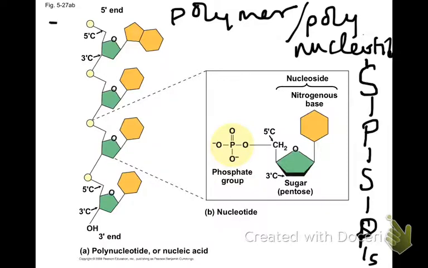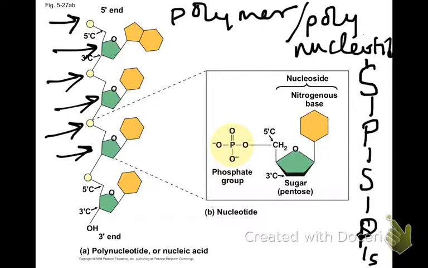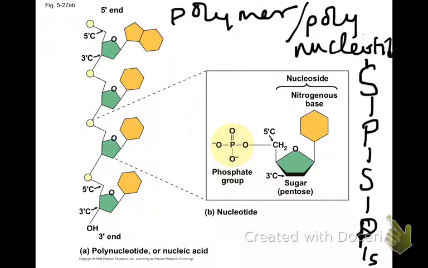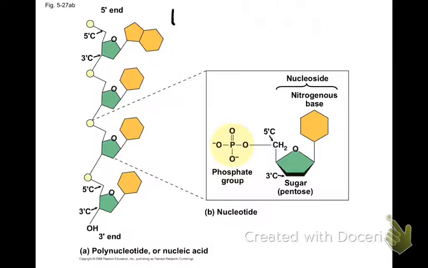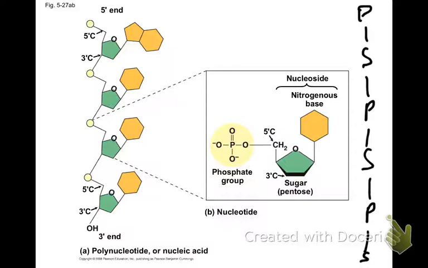So it starts with a phosphate, a sugar, a phosphate, a sugar, a phosphate, a sugar. Here he's made it all squiggly lines. I would rather that you remembered it just as a straight line. So you start with a phosphate, sugar, phosphate, sugar, phosphate, sugar. This is how you would have a backbone. To this sugar on another part is attached the base.